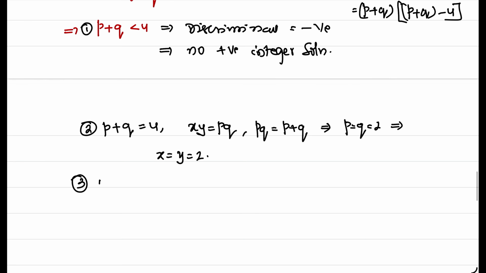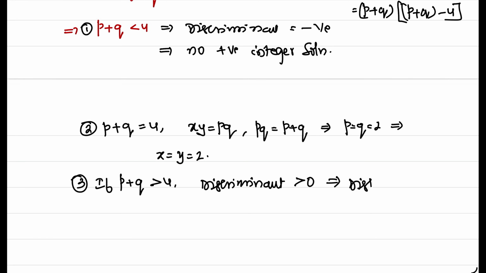Now, if P plus Q is greater than 4, we are considering all the possibilities. The discriminant is greater than 0, which implies distinct positive roots for the above equation.